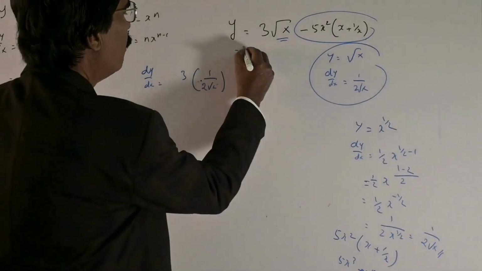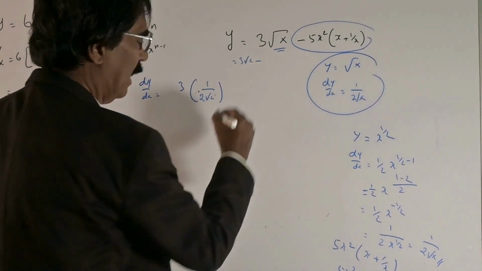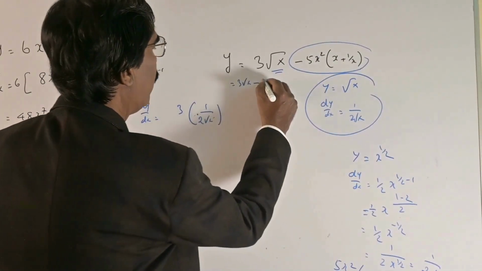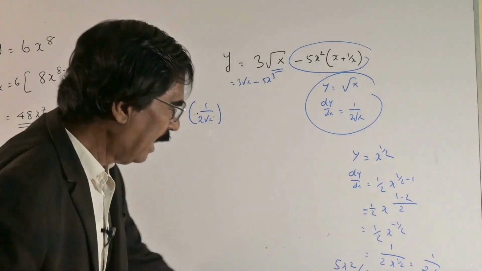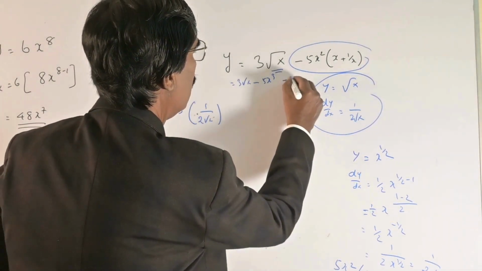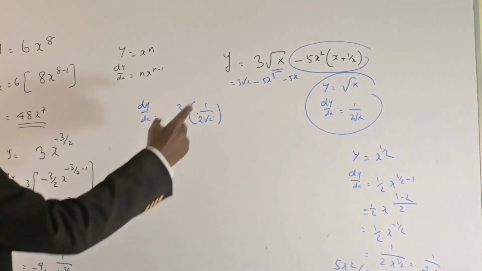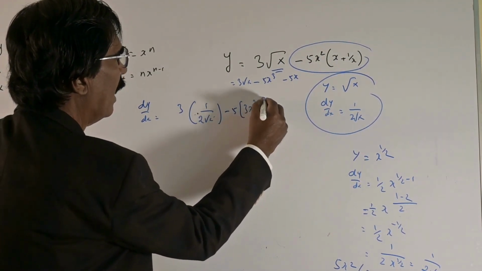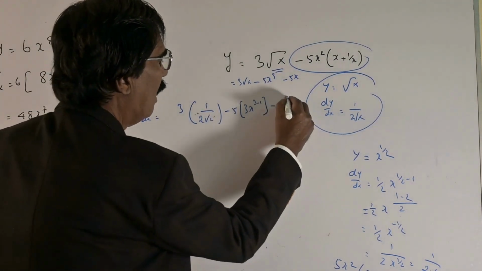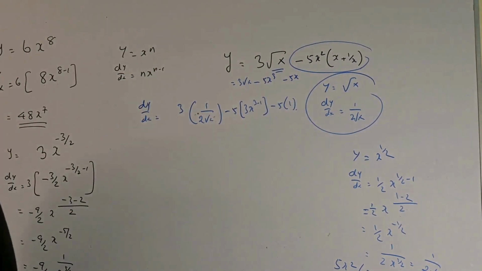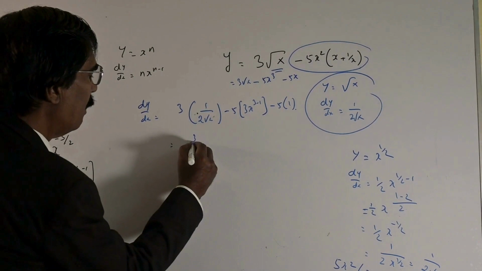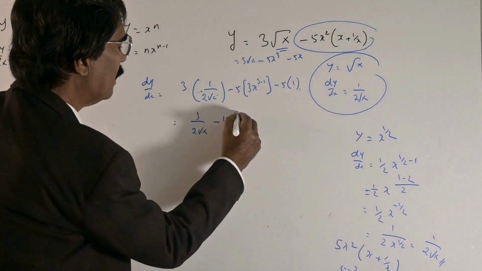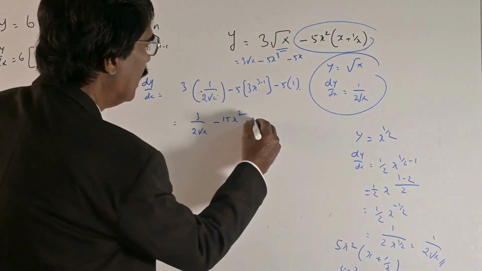Now this is 3 root x minus 5x cube minus 5x. Correct? Now listen, this is minus 5 n into x power n minus 1. Minus 5, when you differentiate x, 1. Now this is 3 by 2 root x minus 15 x raised to 2 minus 5.